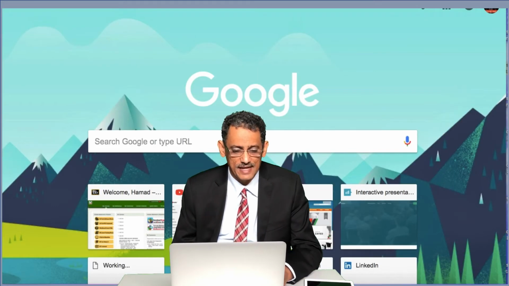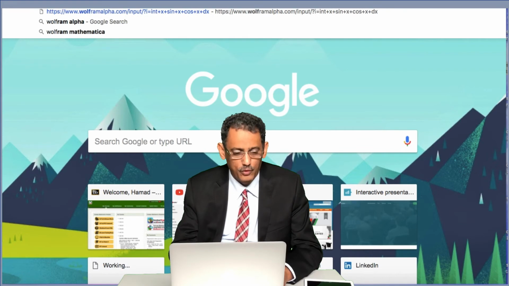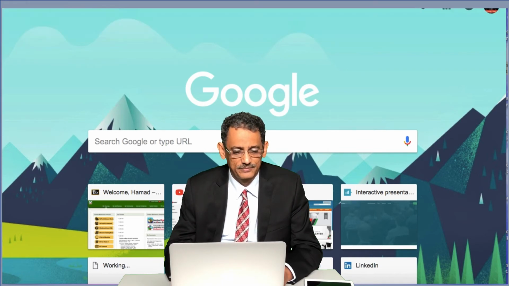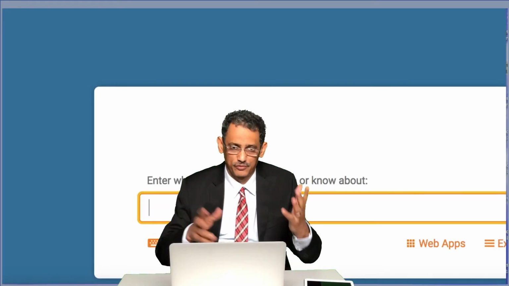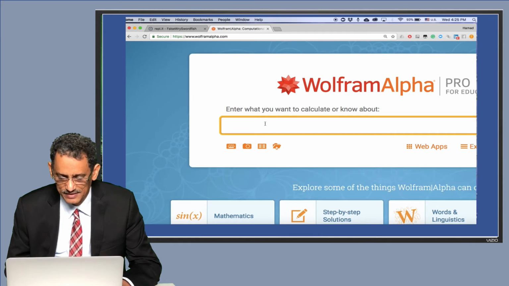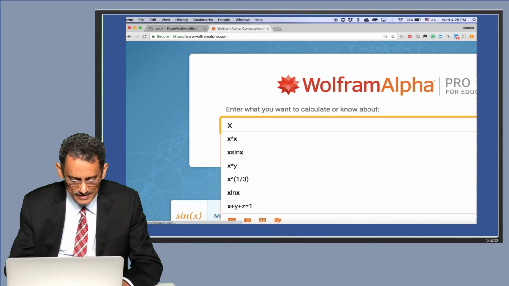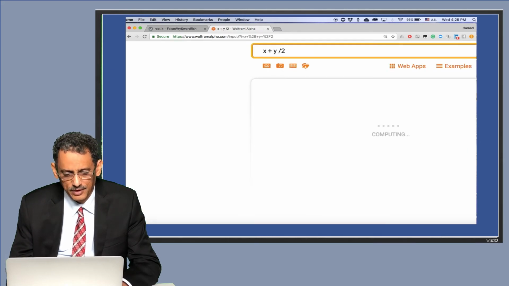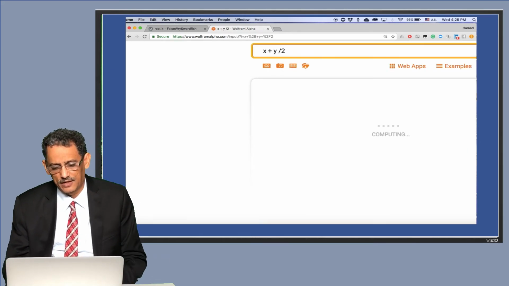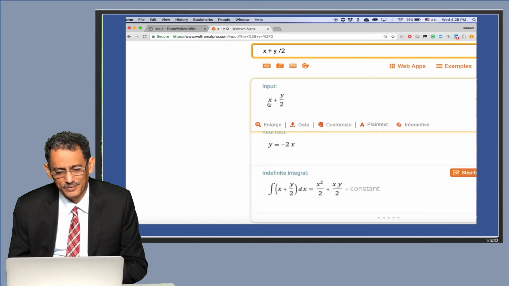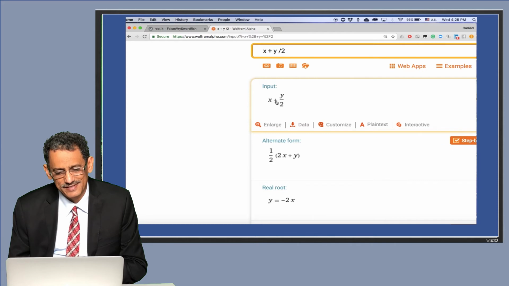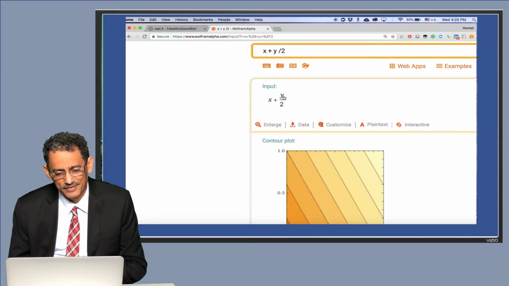But to help you understand it visually, we will go to Wolfram Alpha. Hope you know this. Wolfram Alpha is one of the expert systems which can solve so many mathematical things for you. If I come here and say x plus y divided by 2, look at how it will write the formula: x plus y divided by 2.